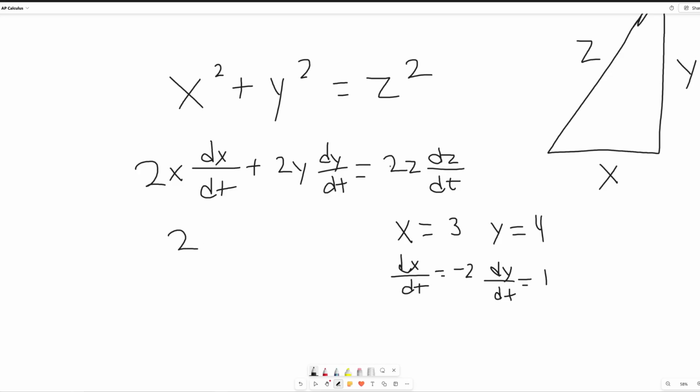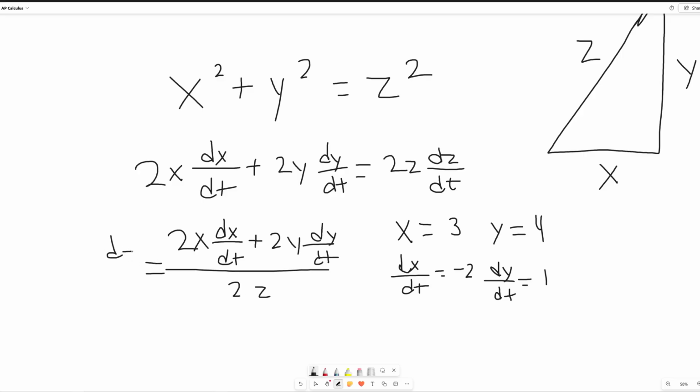Here, we already have it kind of isolated. We just need to move this dz dt over to this side by dividing. So we have 2x dx dt plus 2y dy dt over 2z. This all equals dz over dt.